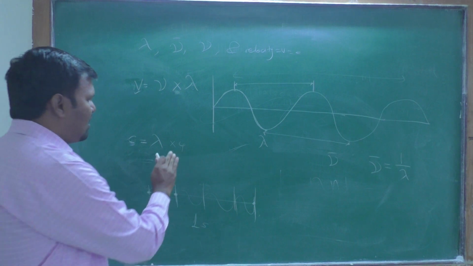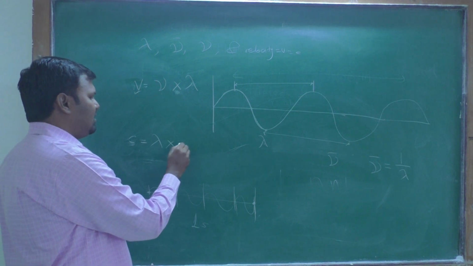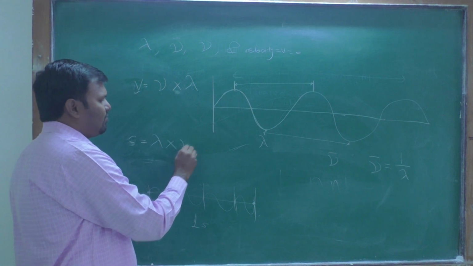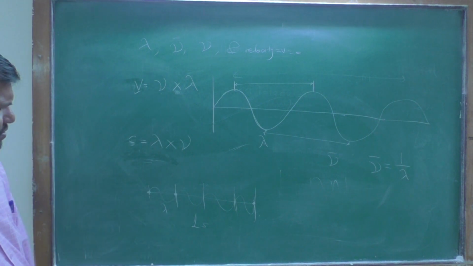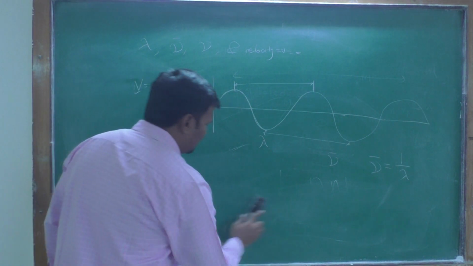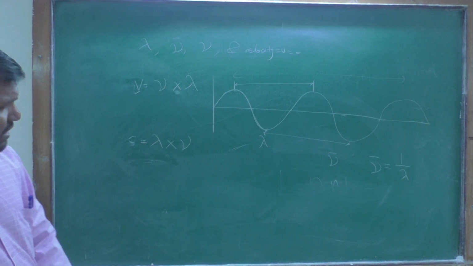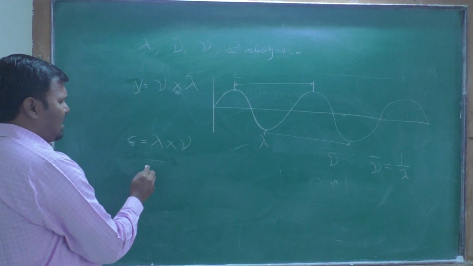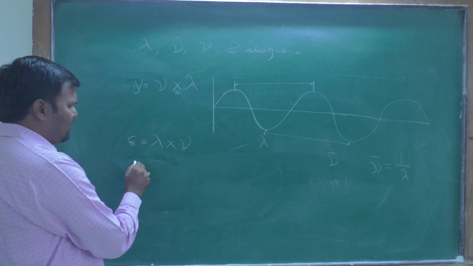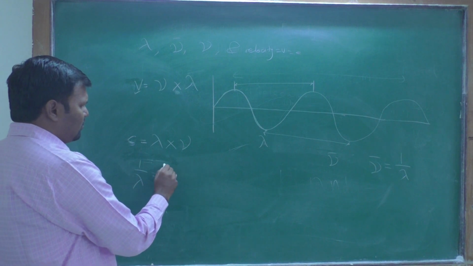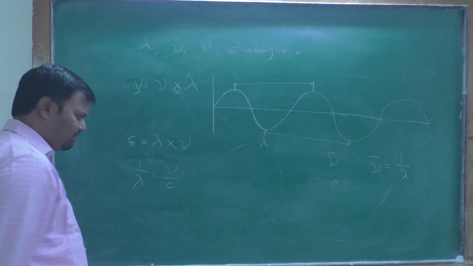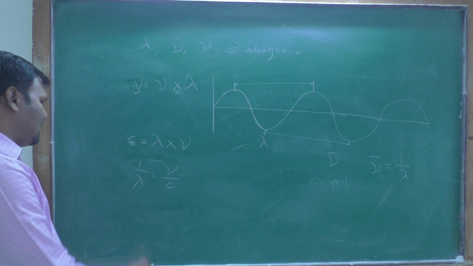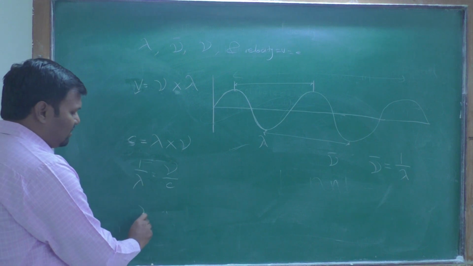Like that, we have developed the equation lambda into frequency. That is the relation. Therefore we transfer lambda to the left hand side: 1 upon lambda is equal to frequency upon C, and we know that 1 upon lambda is nothing but mu bar.